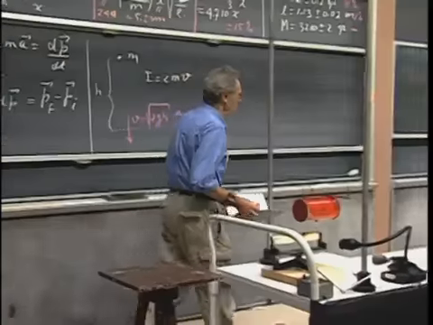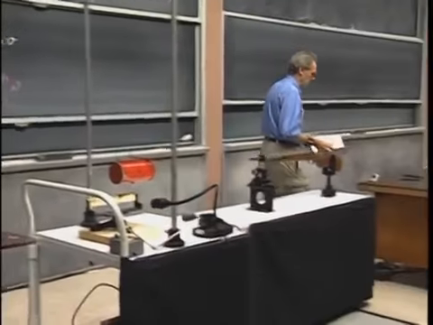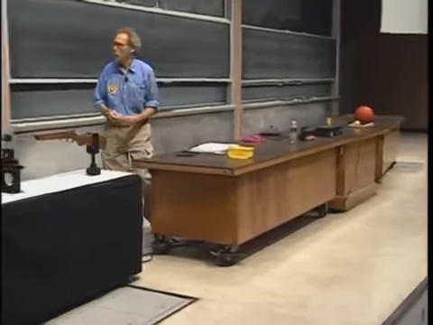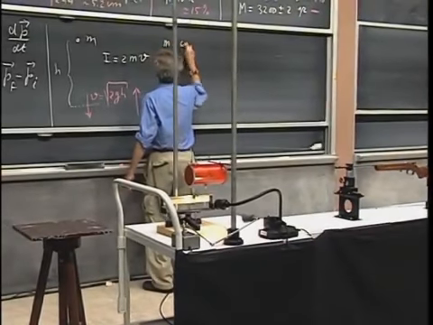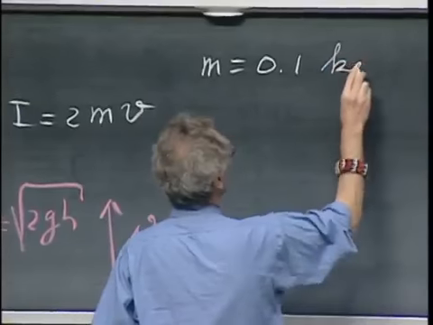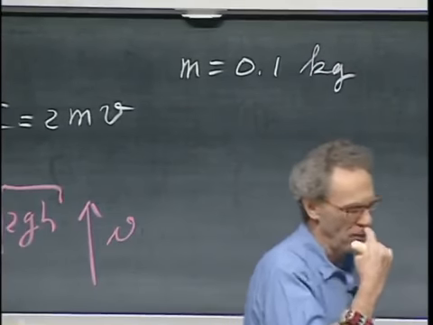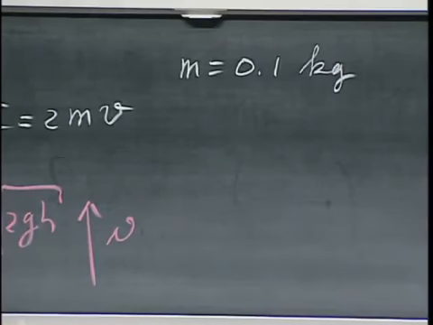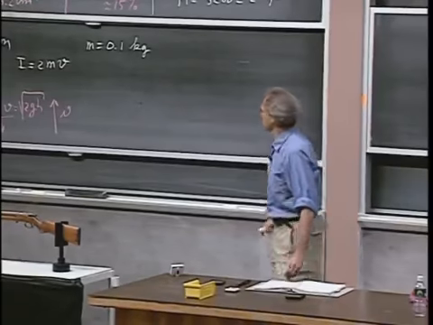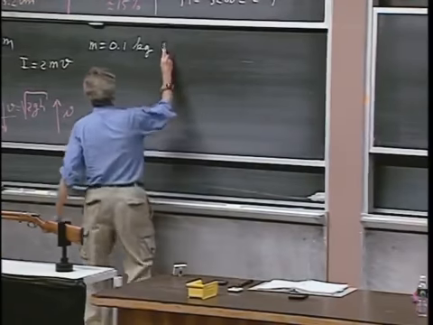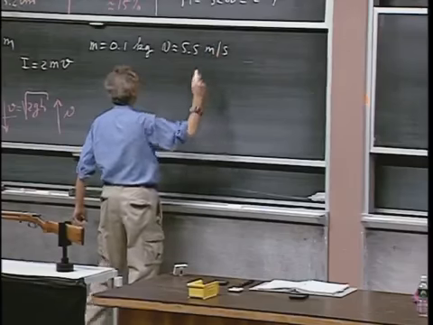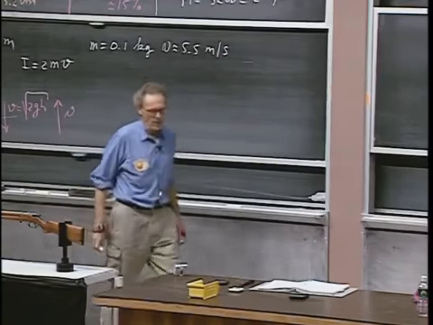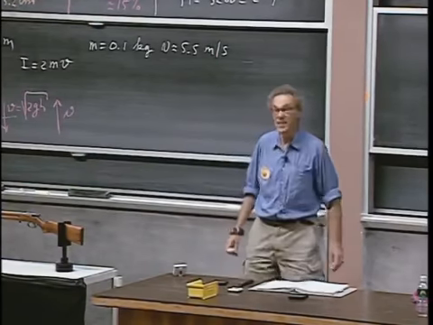We have here two balls that look alike. They have a mass of 0.1 kilogram, so m equals 0.1 kilogram. I will drop them from a height of about 1.5 meters, and that gives them a speed when they hit the floor of about 5.5 meters per second. And so the momentum change is 2mv.